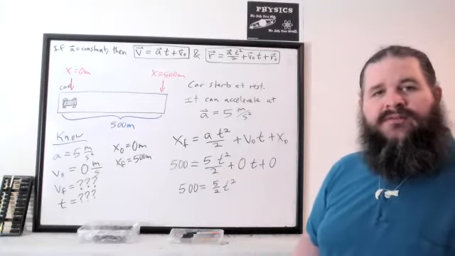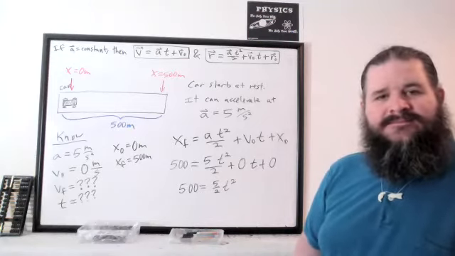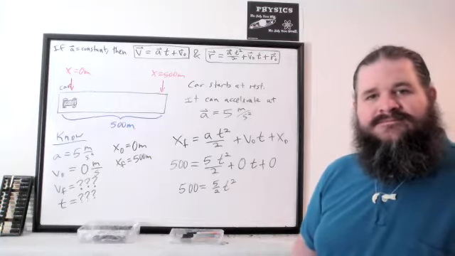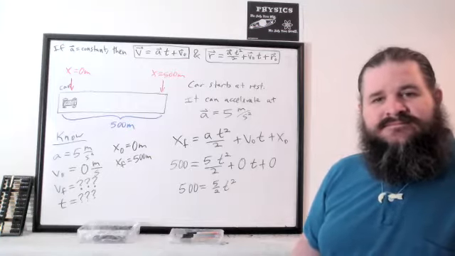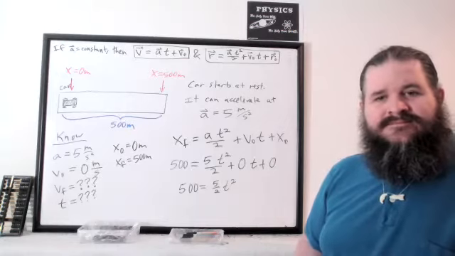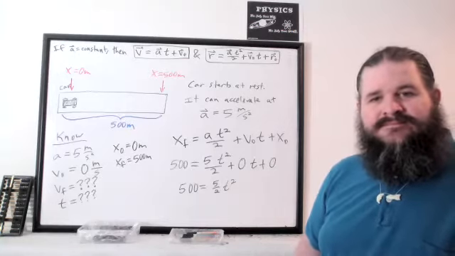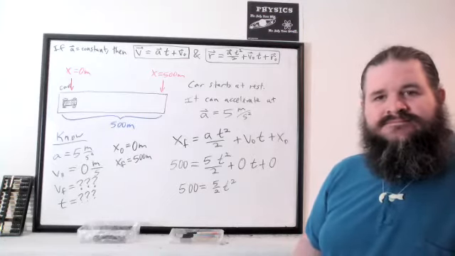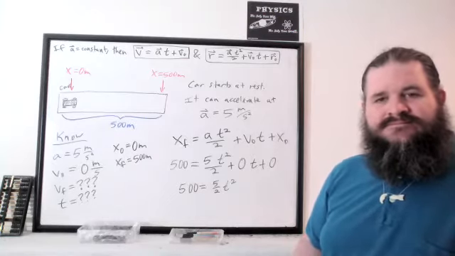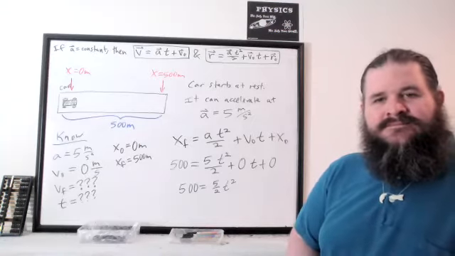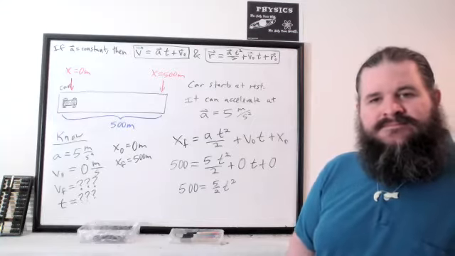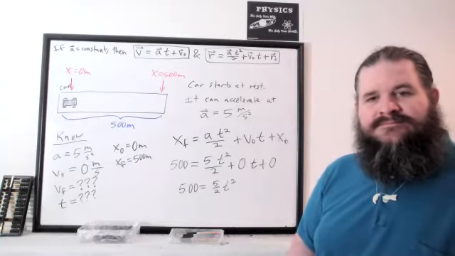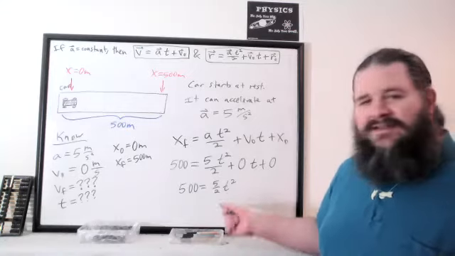So how could we solve that for t here? How would you isolate t in this equation?